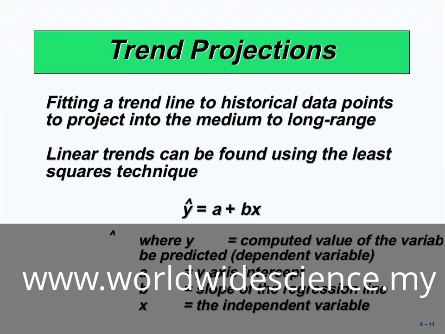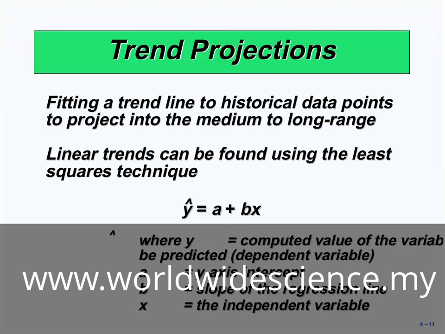When you want to forecast demand for 3 months later, after calculating A and B, it's enough to replace X with 3 and calculate Y. Y is demand here, the dependent variable. The dependent variable can be demand, inflation rate, new technology and the like. And X is the number of months that you want to forecast.